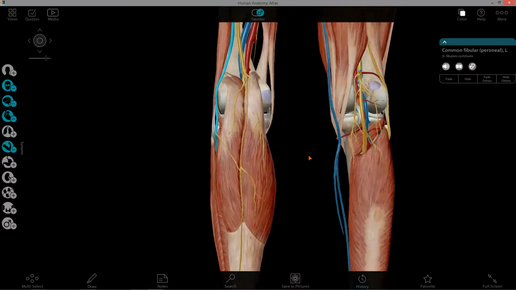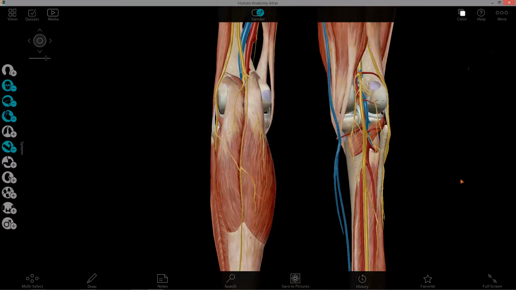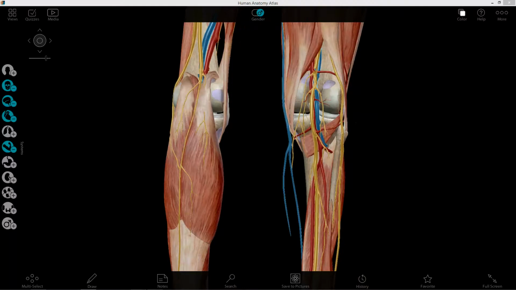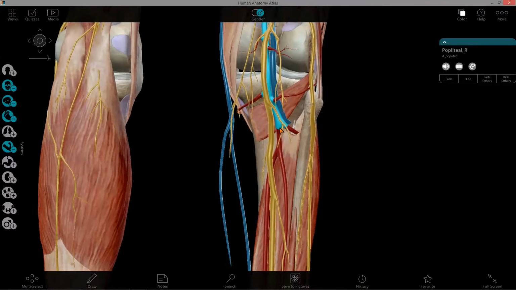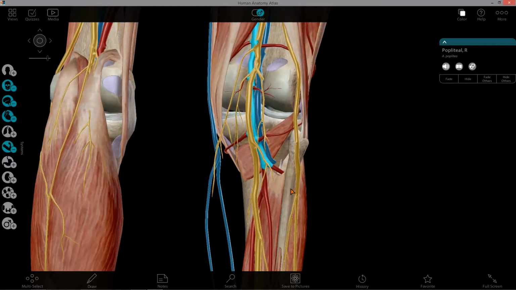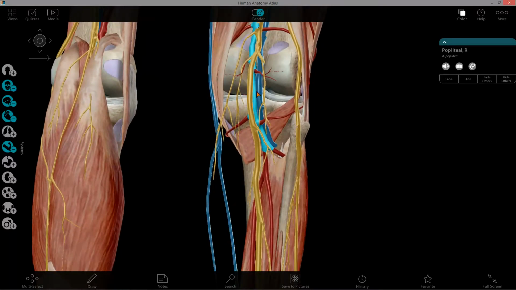Okay, so the final thing I want to discuss in the whole lab is the popliteal artery. The popliteal artery, recall, is a continuation of the femoral artery. And as you follow it distally, it travels inferiorly through the popliteal fossa, and then it divides into the anterior, highlighted here, and posterior tibial arteries.